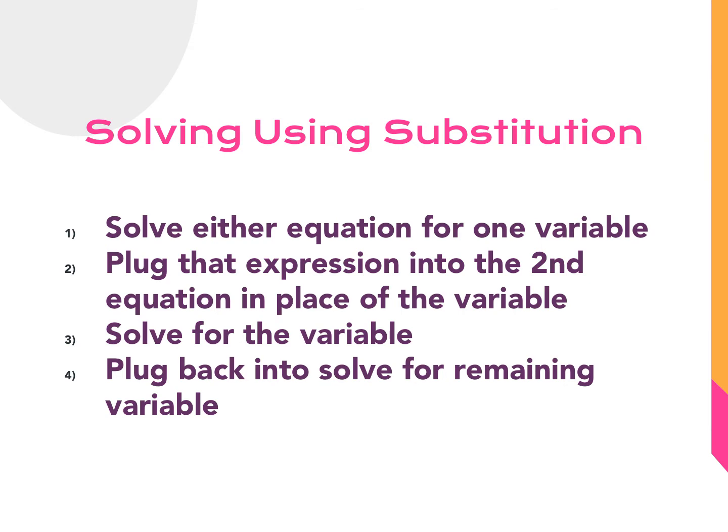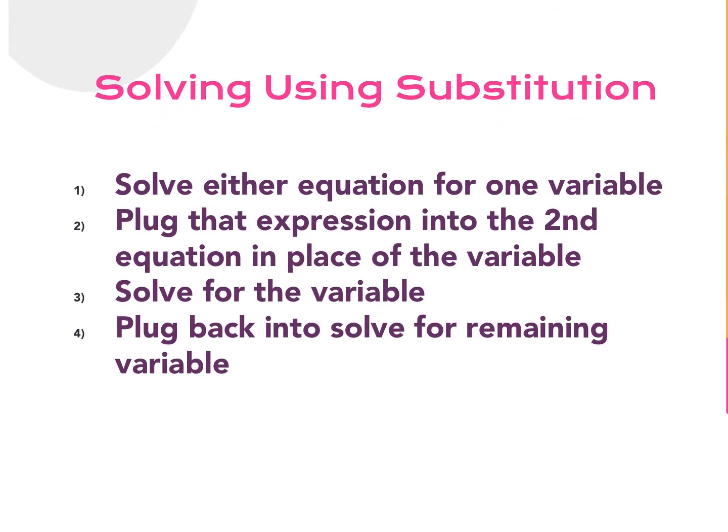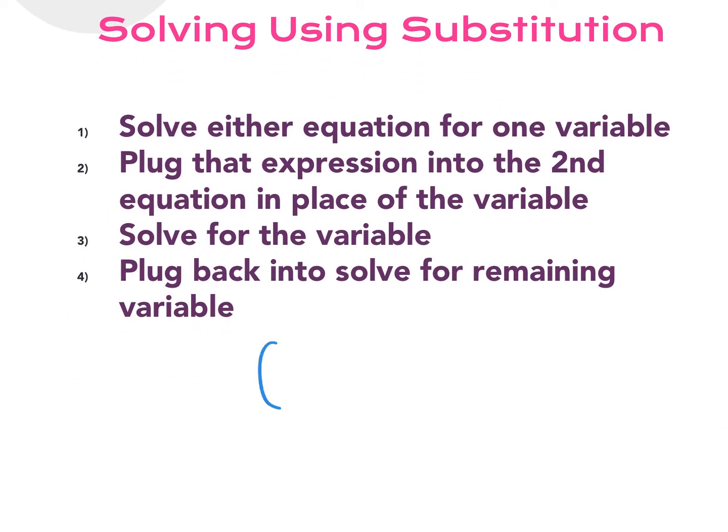From there, I'll solve for the variable, get that variable's value, and then plug it back in to get the remaining variable. So when we're done solving our systems, our answers are going to be ordered pairs. So let's go ahead and take a look at our first example.